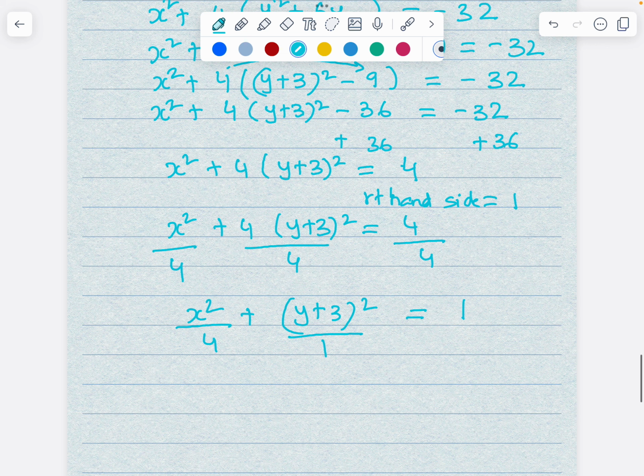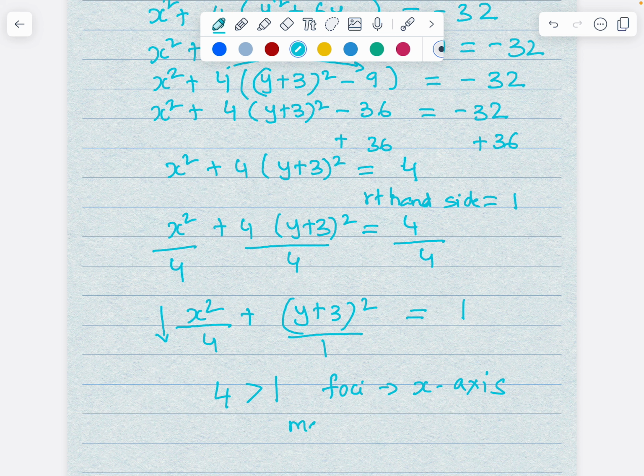Now, you can see that 4 is greater than 1. So therefore, your foci is on the x-axis, because look at where 4 is. 4 is underneath x square.